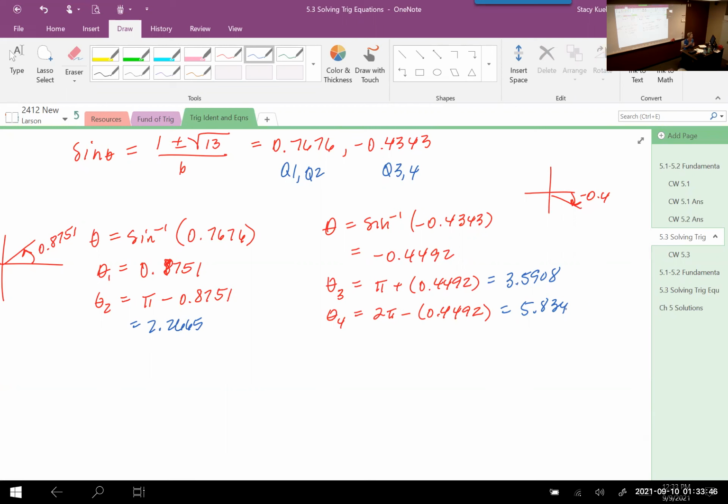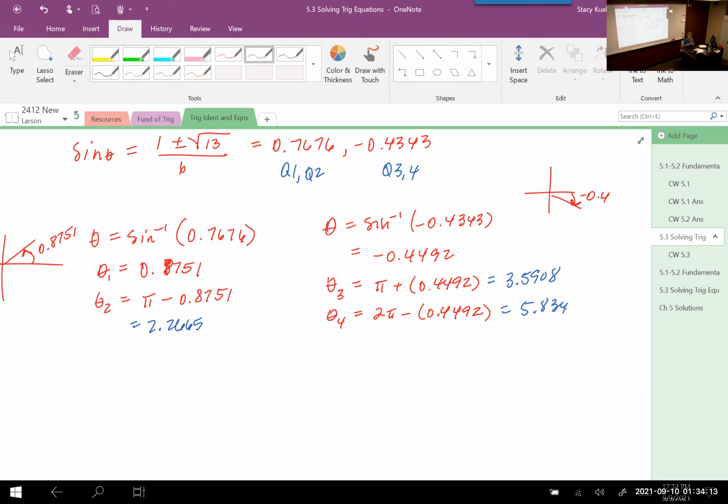Pi. So if you're doing tangent, you would add pi n, because it's based on one period. Calculator ones get a little more complicated because you've got to adjust these values. But all in all, the solving of these is almost the same as what you've been doing.